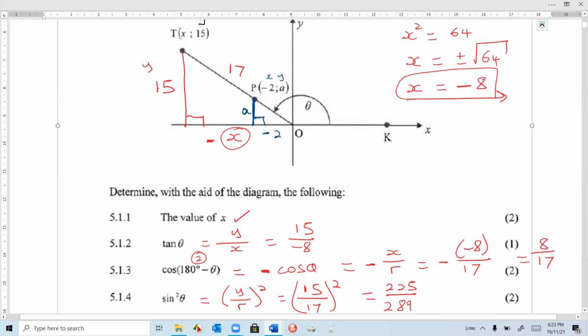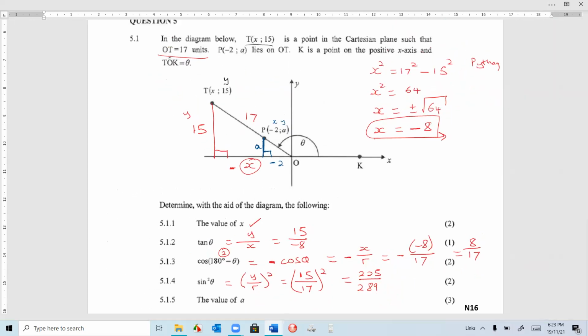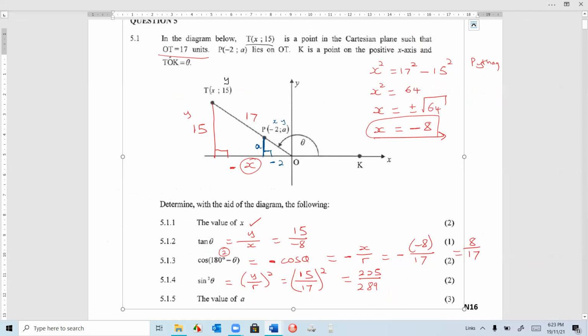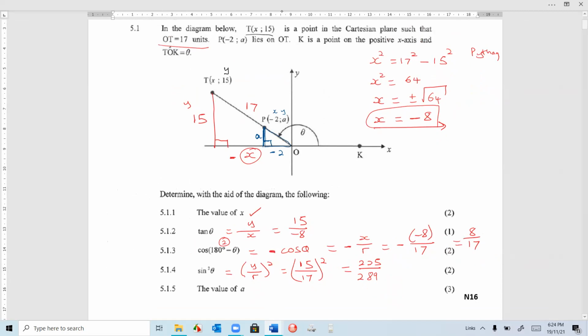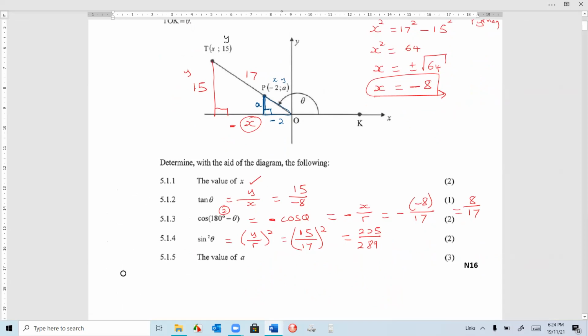But we know in terms of trigonometry, and your definitions, the trig ratio that uses the X and Y. Now remember, we can't use R because we don't have R in the small triangle. So we want to use a ratio that has a Y and an X, and that will be tan.